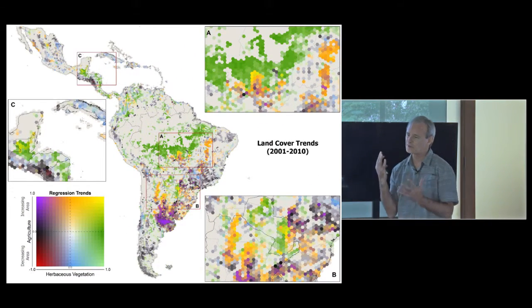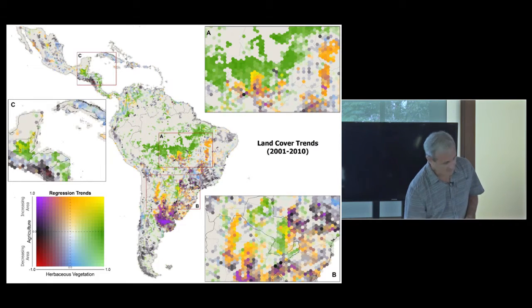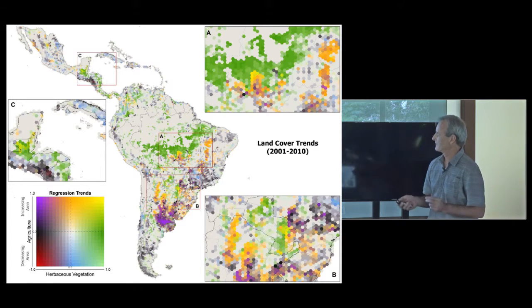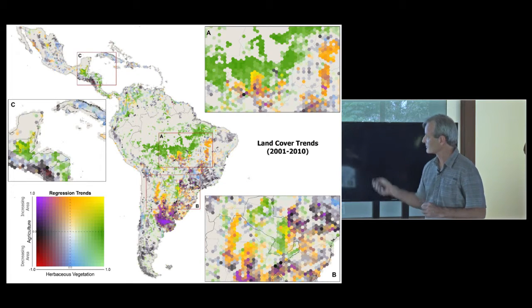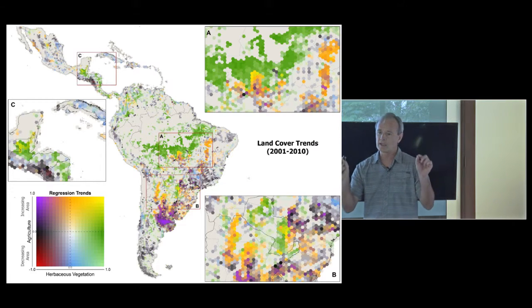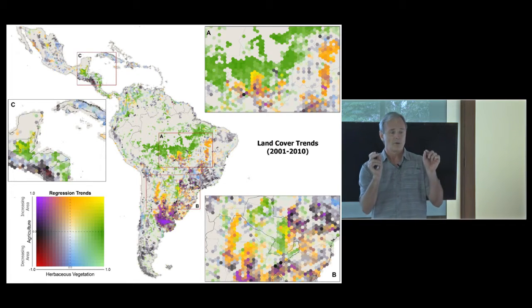This interaction between pasture lands and agriculture, we've tried to look at in a little different way. And I want to take some time, before I show you this crazy map of colors, to explain this figure here. Now remember, for each, in this case, hexagons, we have 10 years of data.